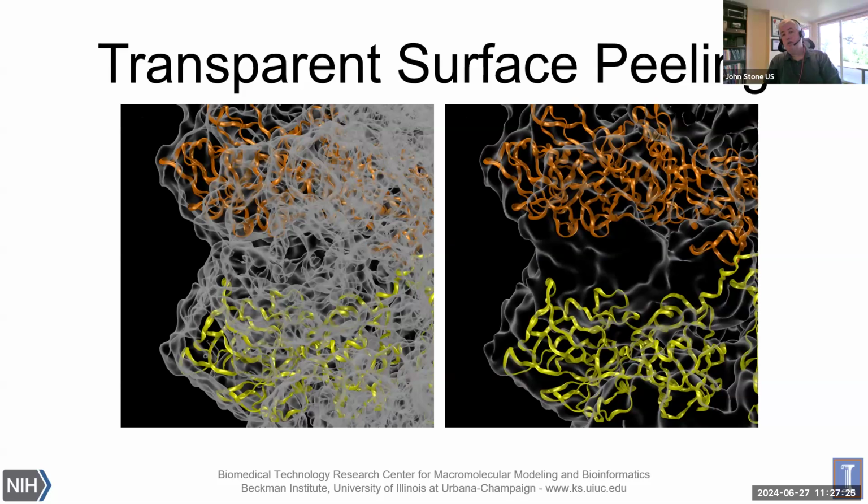So what we have is a way of telling VMD not to render all of the transparent surfaces. What we can do then is tell it to render only the first one it sees and to hide every one of the transparent surfaces after that, or to draw the first so many. In fact, it's just a number. So we can tell it, show me the first one, the first two, the first three, the first n. And that gives us an image like the one on the right.